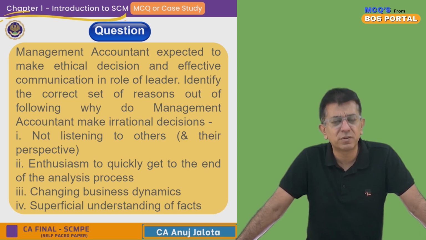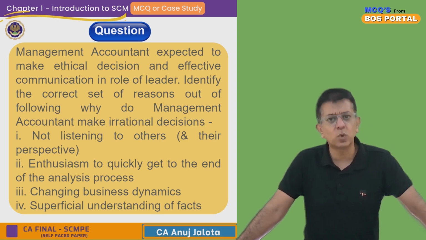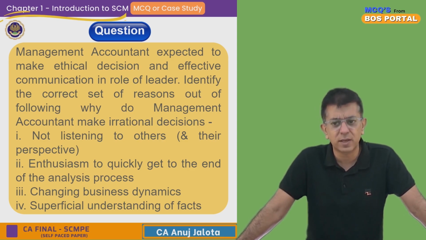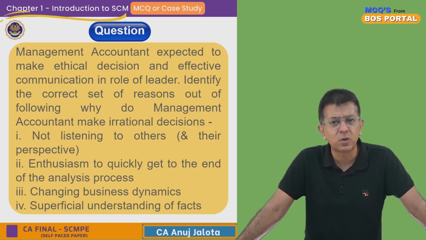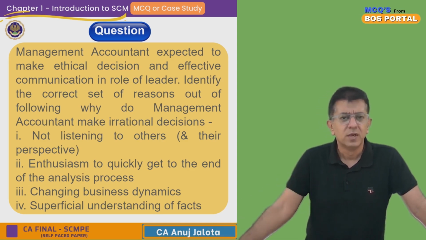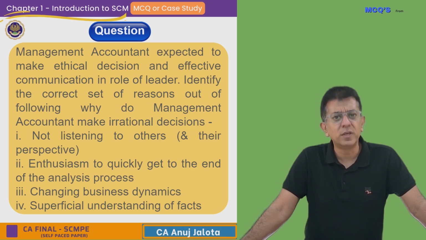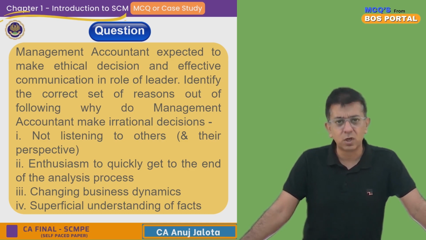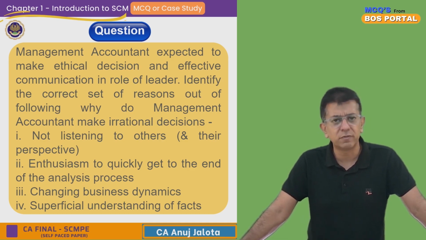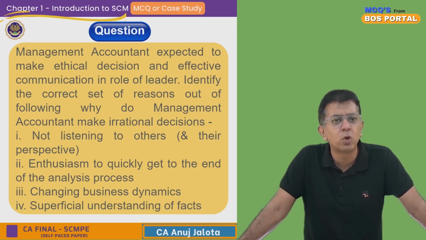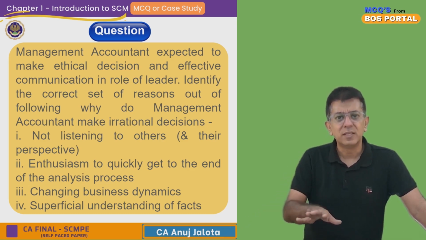Superficial understanding of the facts. This is whatever happens to us also as students. We only try to be thinking from the marks point of view. What do you mean, say, by derivatives? How does it work? What is open interest and so on? We might not be getting into the depth of all those things. So that is called superficial understanding of facts, whereby we don't know in depth this entire problem.